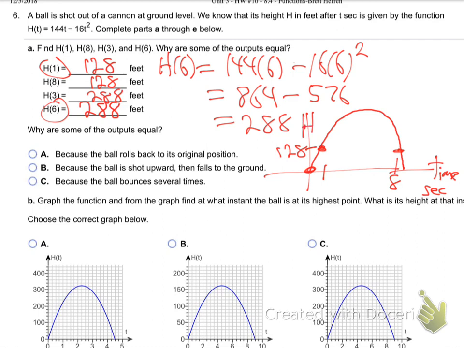This is height, h, on this axis. Instead of y and x, we have height and time. It's at 128 feet high at 1 second and at 8 seconds. And it's also at 288 feet at 3 seconds.